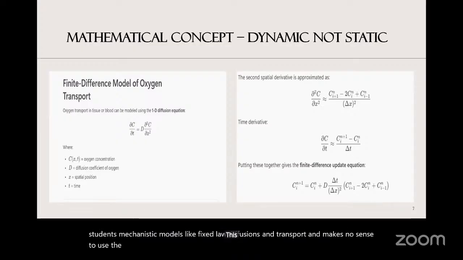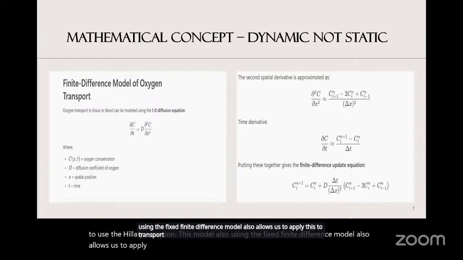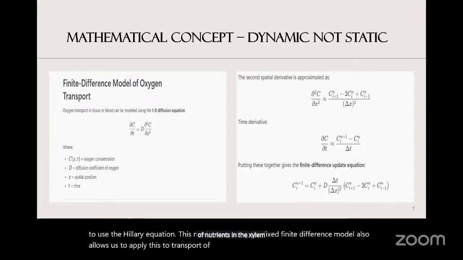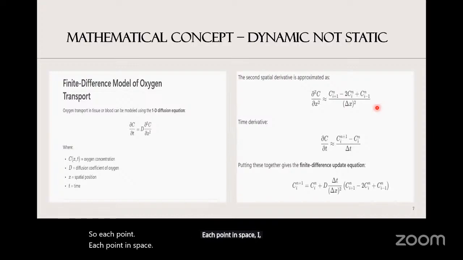This model also, using Fick's finite difference model, allows us to apply this to transport of nutrients in the xylem and phloem of plants. So each point in space, i, represents a location in the tissue, and each step updates the oxygen concentration based on the diffusion coefficient.